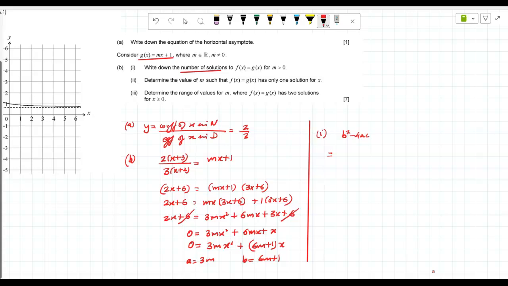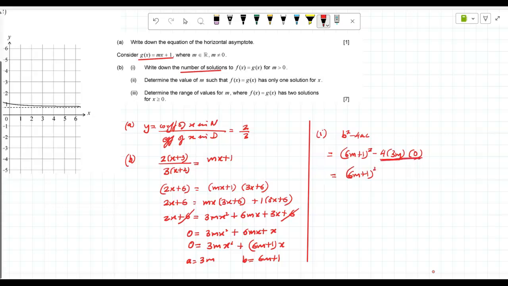So what is my b? 6m plus 1. And 3m into c is 0, because there's no c. So what do you get? 6m plus 1, the whole squared, and this is 0, because 0 into anything is 0.